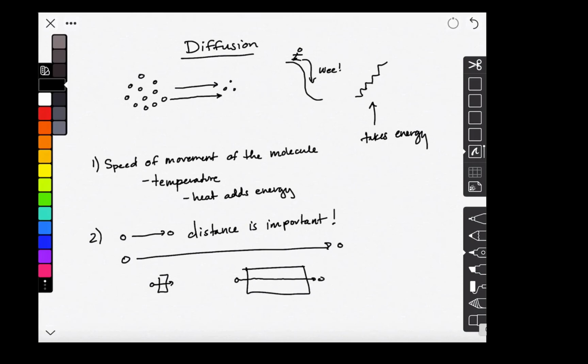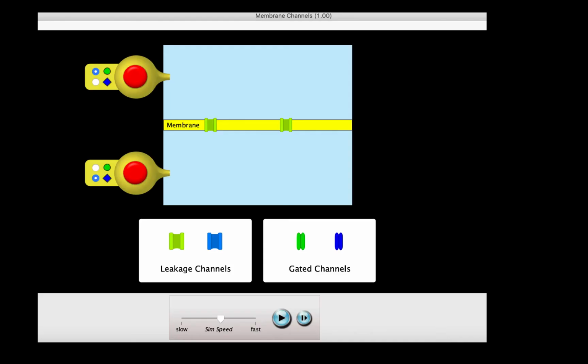All right, now I'm going to move on to my third thing, and to do that I'm going to have to go back to that simulation, and that's the concentration gradient. When you look at this simulation, if I put 4 molecules out, and we wait to see how long it takes for 2 to get across, oh, I only put 3 out, so now I get to do one more.